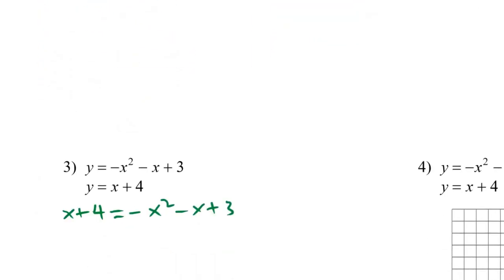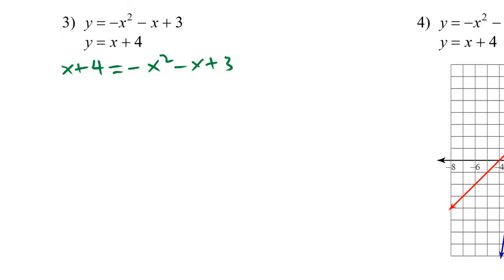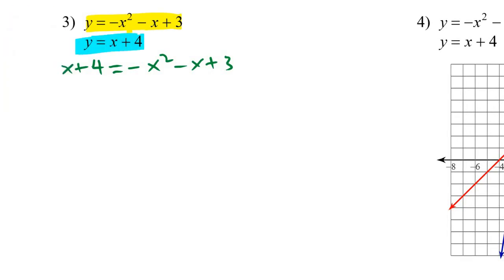Here is another example, and I've got started with this example. Again, here is the parabola, and here is the line. So we're just going to set them equal to one another, like I've just done here.